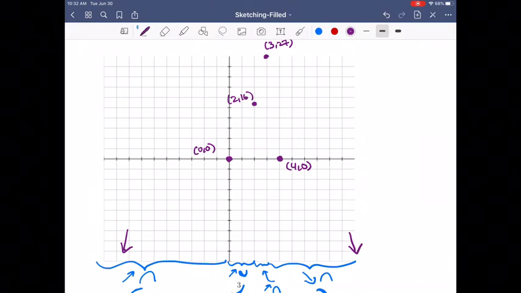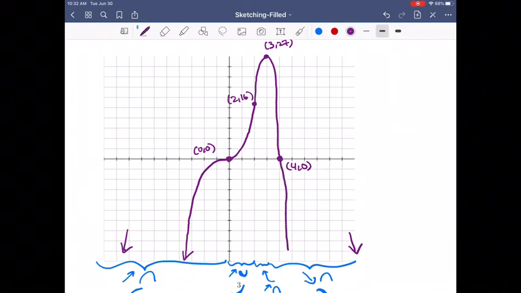So what this is going to look like, we're concave down, we're going to approach this point here, and it levels out, but then it keeps increasing, but now it's concave up until this point, and now it switches to concave down, which is kind of hard to do because it's so tight, and then it's decreasing but concave down the rest of the time, goes through the decreases very quickly. It's going to look something like that.